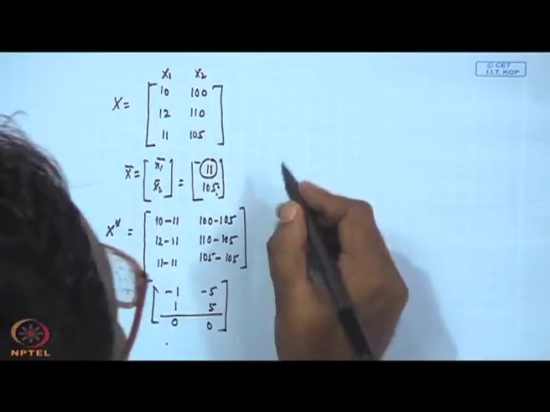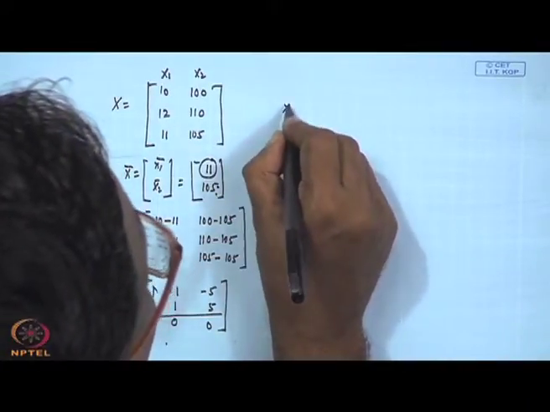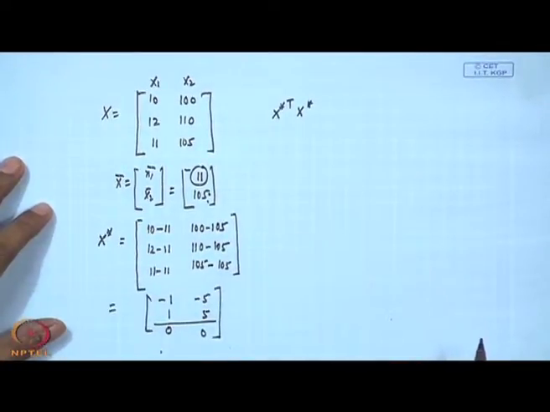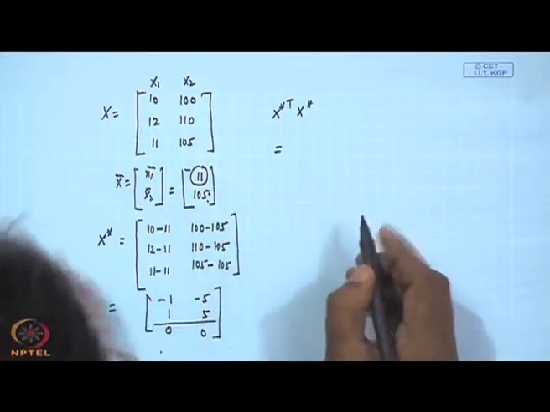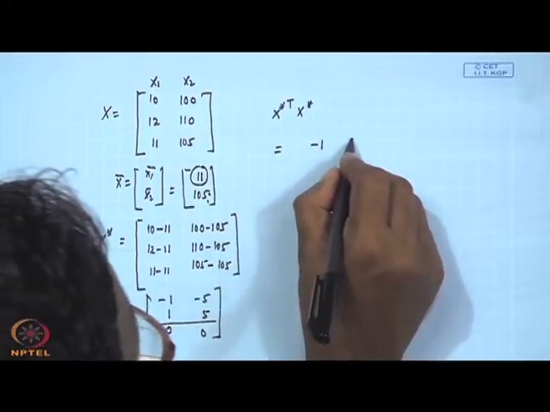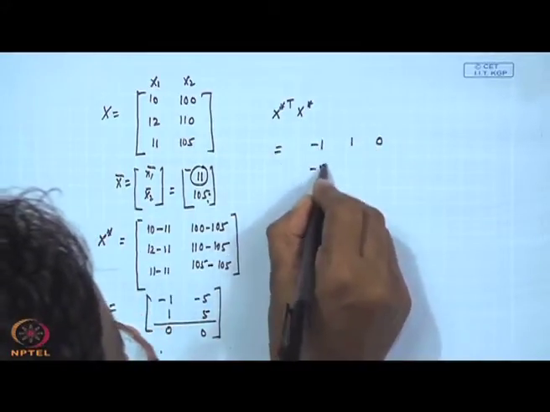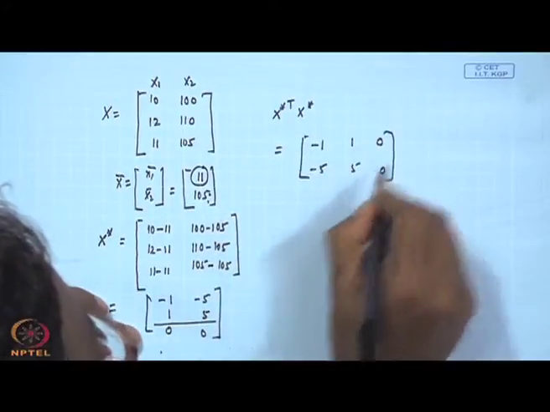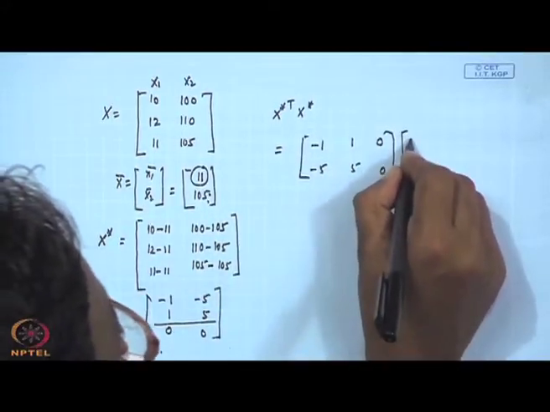Let us see what will happen if we compute X star transpose X star. Minus 1, 1, 0 and minus 5, 5, 0, multiplied by X star.